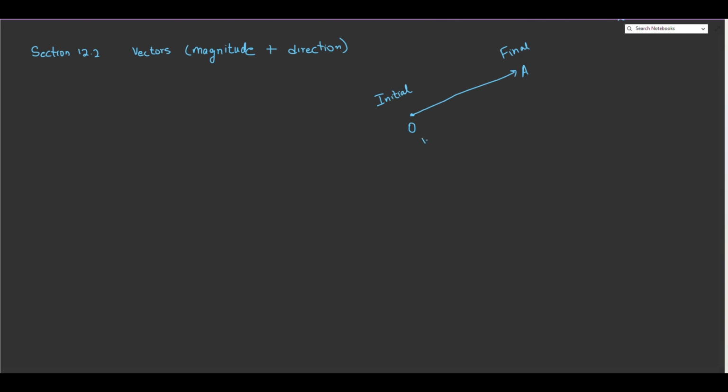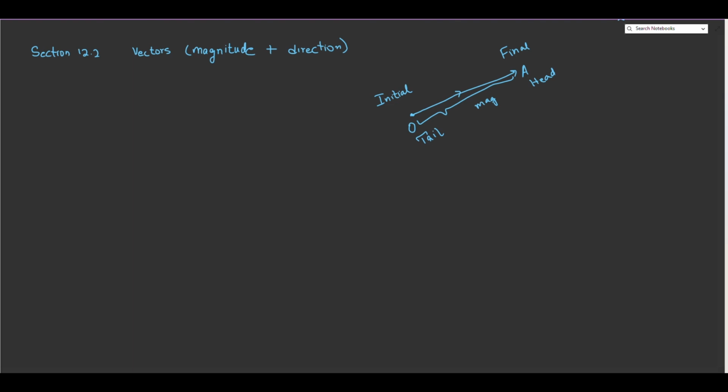Sometimes we call the initial point the tail, and the final point the head of the vector. The direction is from the point O to the point A, and from this to this is called the magnitude of the vector, or the length of the vector.